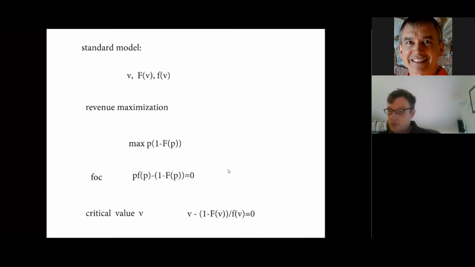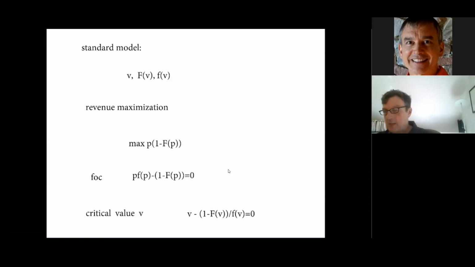What I get is a first order condition that says, at the optimum, I must optimally balance the marginal revenue. By increasing my price a little bit, or by decreasing my price a little bit, I'm gaining P times f of P from the marginal buyer, but I'm losing revenue from all those people who would actually be willing to pay more. How many of them are there?